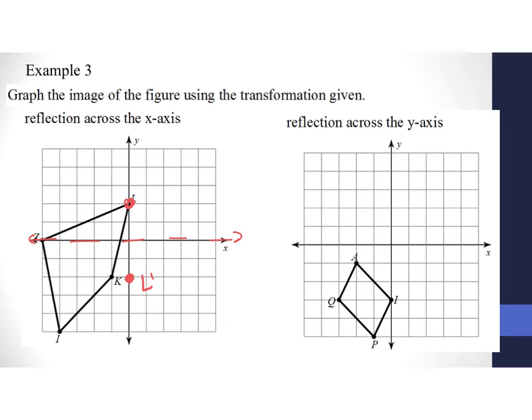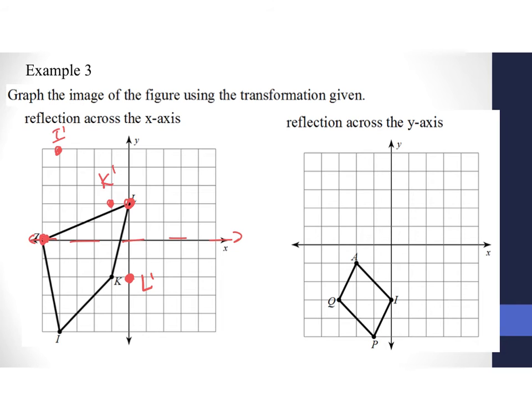K is going to be 2 units below, so now that has to become 2 units above. So this is K prime. Looks like Z is going to stay right on the line of reflection, and I is 1, 2, 3, 4, 5 units below, which means that we're going to be 5 units above for I prime.